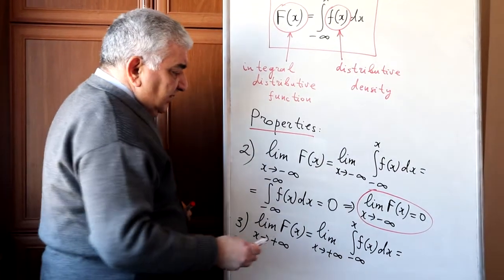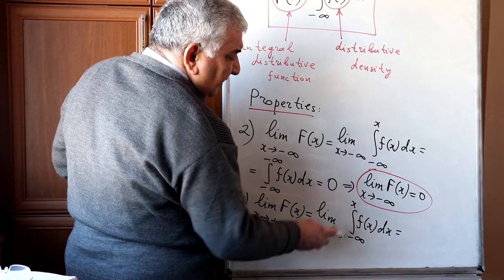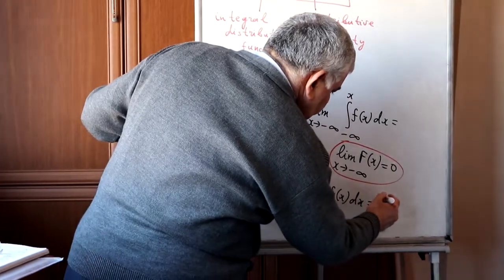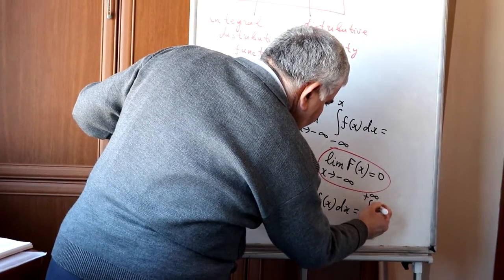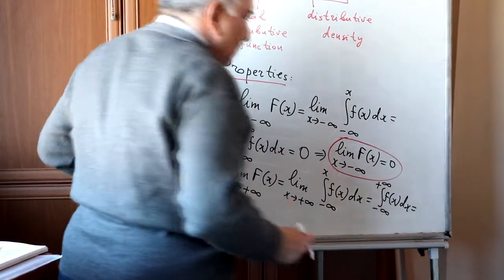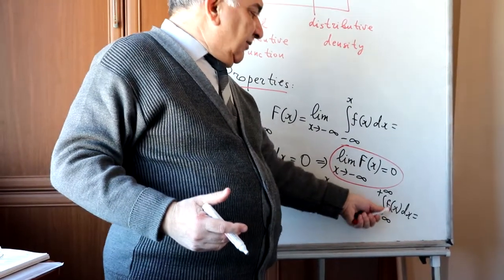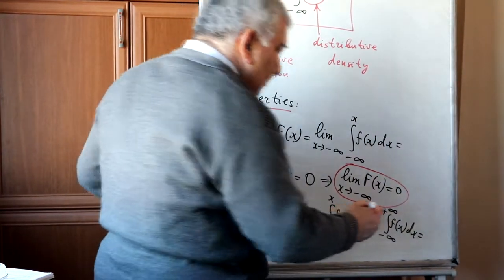Then substitute plus infinity instead of x at the upper limit. Integral from minus infinity to plus infinity f of x dx, and we obtained the main probability equality, and this equality is equal to unit.